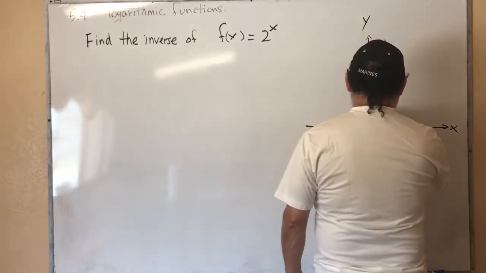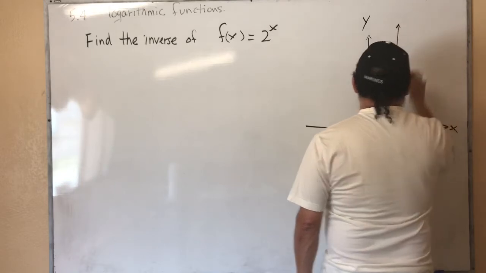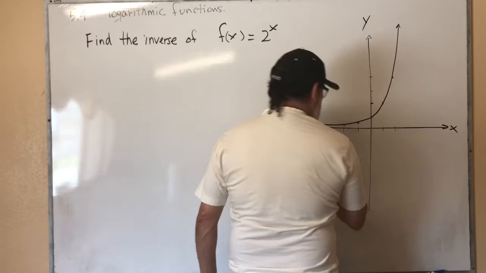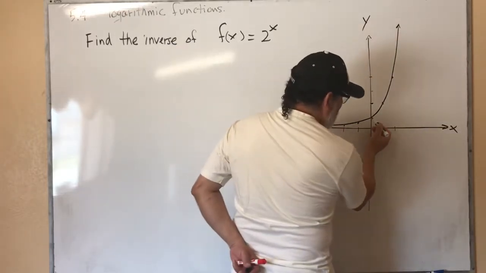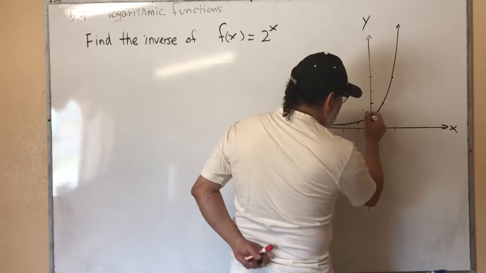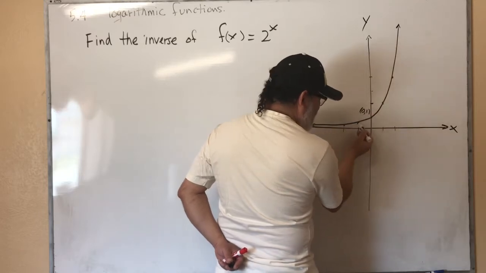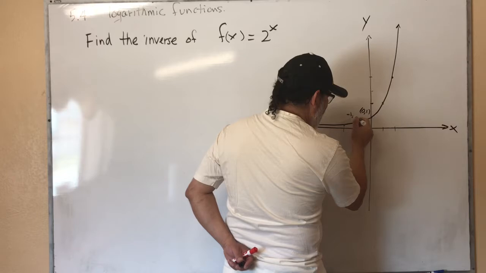And here's the graph. That's the graph. Don't forget, you see this point? This point is 0, 1. This point is negative 1, half.